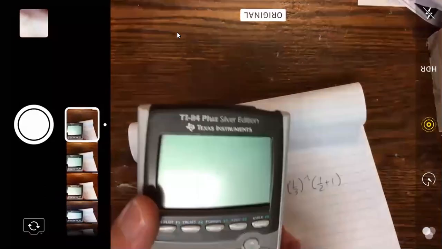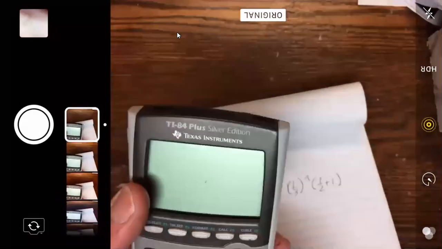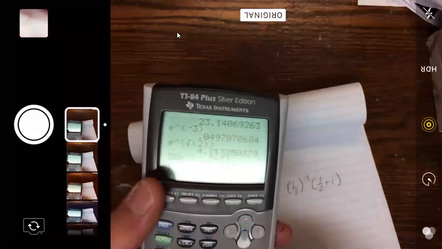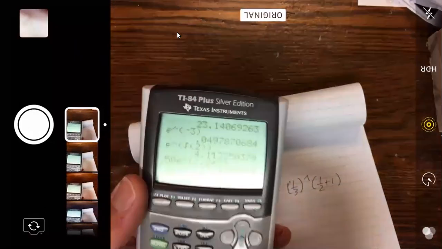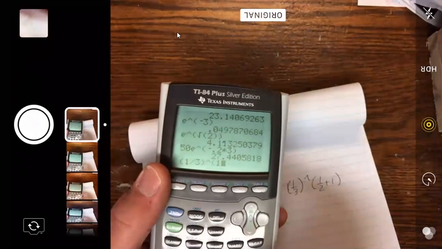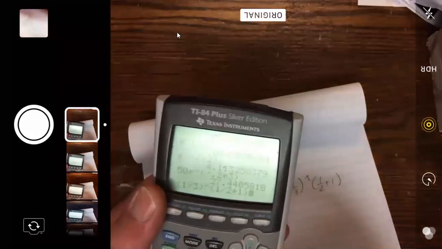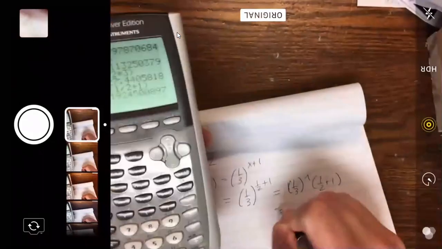But I think you'll find chapter 4 a lot more straightforward than chapter 3 was, because it's a lot of calculator work. 1 divided by 3 in parentheses, so there's your 1/3, and you're raising it to the parentheses 1/2 add 1. 0.19245.